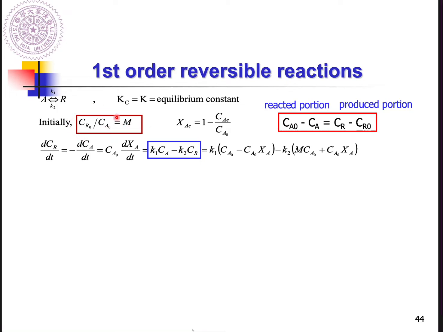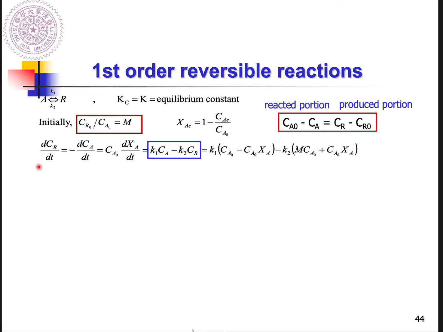That means the ratio of the concentration of R versus the concentration of A in the beginning equals m. Based on this, we know XAE, the fractional conversion of reactant A at equilibrium conditions, which equals 1 minus CAE over CA0. We put the E at the bottom to mean that it is under the equilibrium conditions.